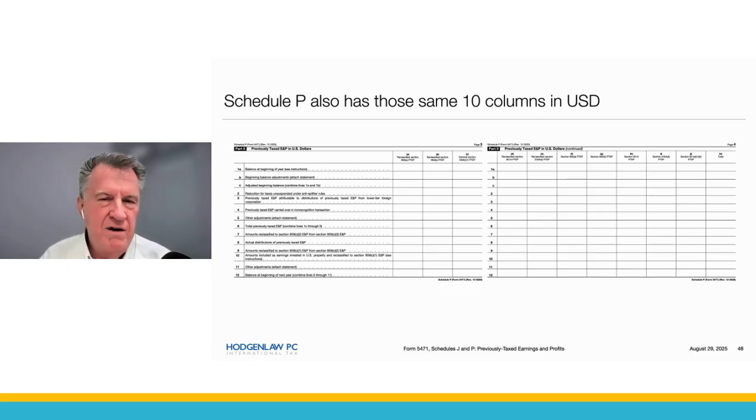What happened? And then the problem for the IRS, and this part solves it, is what happens if you have PTEP in one calendar year at a specific currency exchange rate between the functional currency and the dollar, and then a few years later, the distribution actually happens and the exchange rate has shifted. How do you track that? How does the IRS track that specifically?